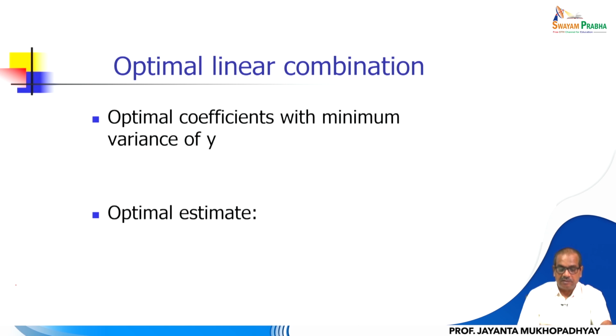So the problem here is: what is the optimal linear combination? Optimum in the sense that which linear combination will give me the minimum variance of y. Those coefficients are called optimal coefficients.